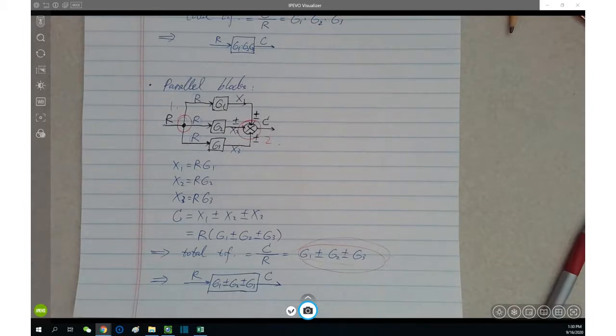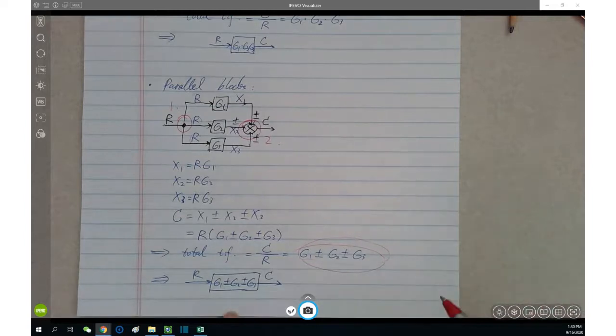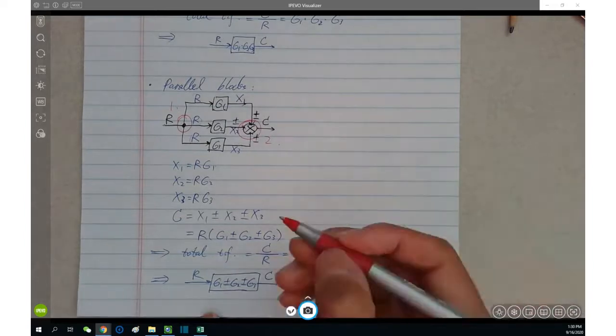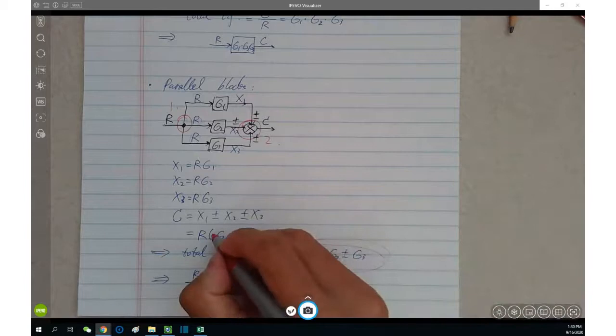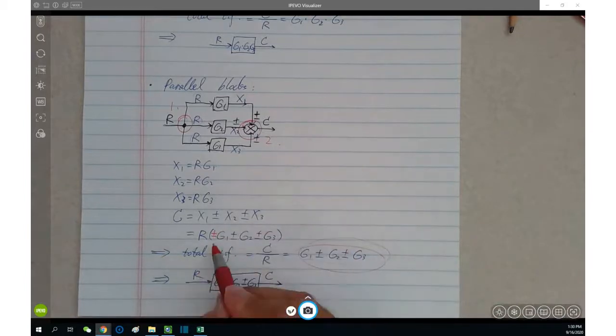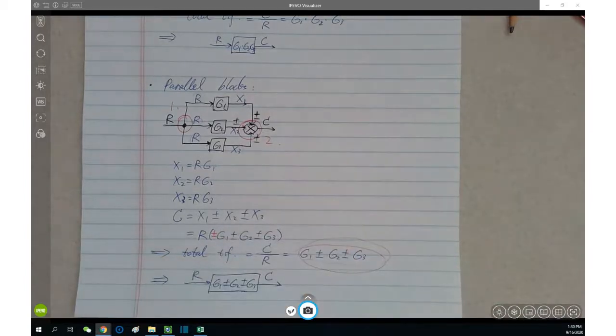You need a minus in front of G1. Oh, Noah just brought up a question here. Plus minus in front of G1. Very good point.